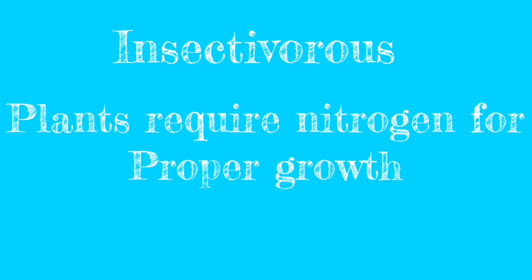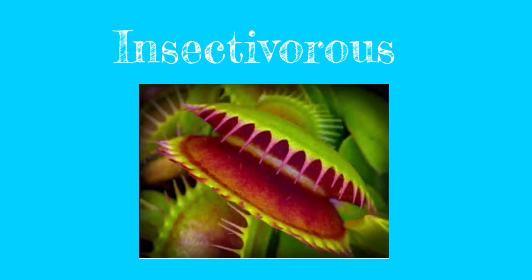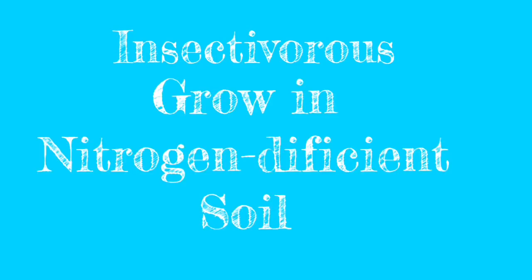Before I mentioned that plants require nitrogen, as nitrogen creates a fertilizer for the plant. Yes, but the problem about pitcher plant or Venus flytrap, who are examples of insectivorous plants, is that they grow in nitrogen deficient soil.